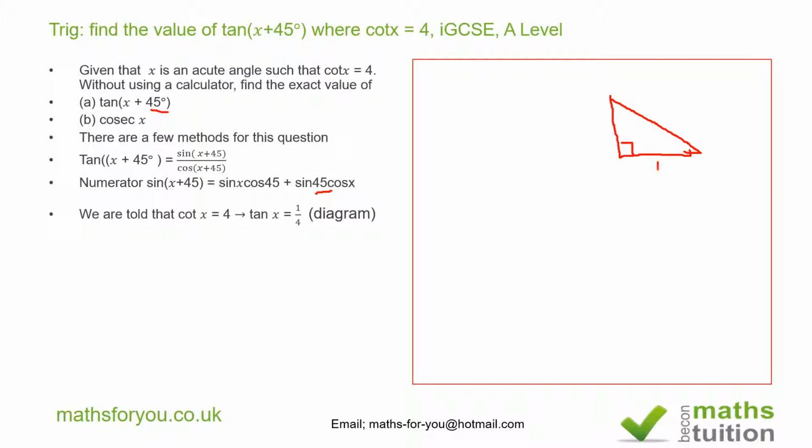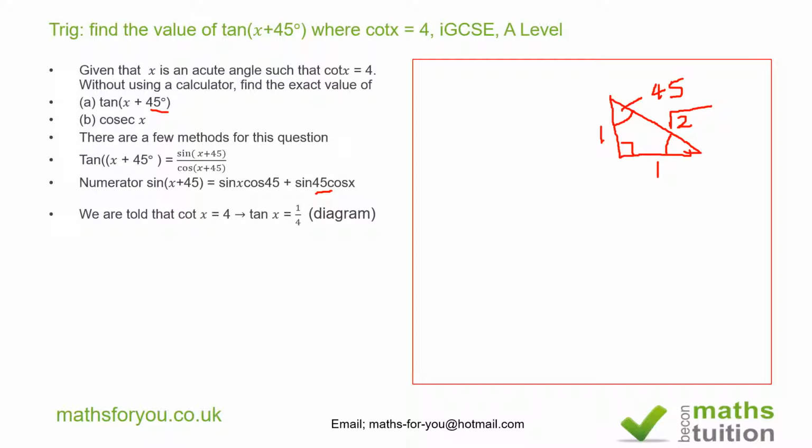Suppose this side is 1, and because this is an isosceles triangle, that's also 1, in which case that's 45 degrees, and that's also 45 degrees. That being the case, the hypotenuse, this one here, is the square root of 2.